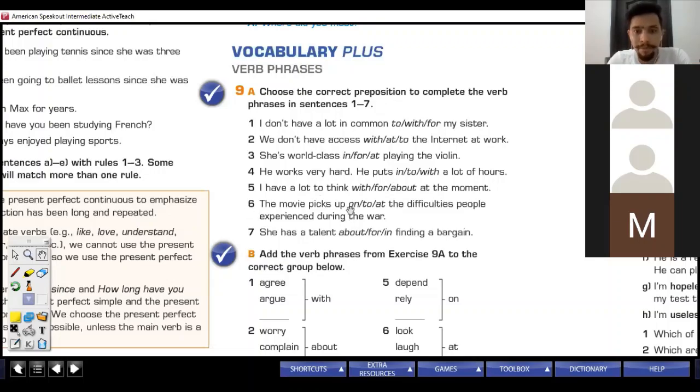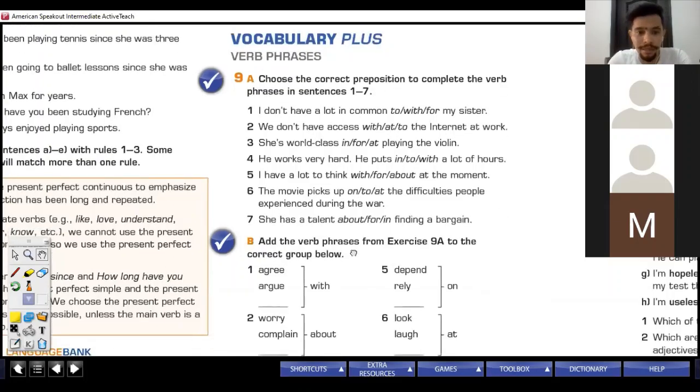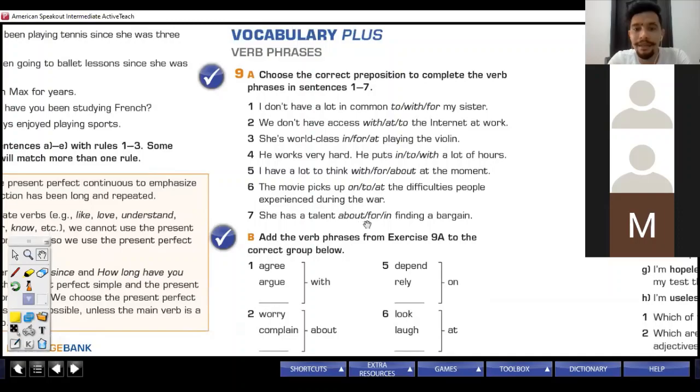The movie picks up on, to, or at the difficulties people experienced during the war. On. Pick up on significa mencionar, right? En este caso menciona las dificultades. And the last one, she has a talent about, for, or in finding a bargain. For. Great. Very good, people.